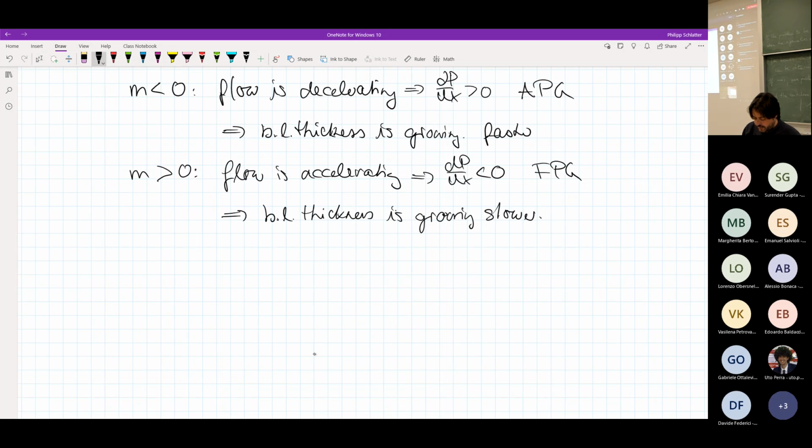So if I'm just making a few sketches with this, because I guess that's important to remember. If I have here in the middle the reference case where m is 0, then my velocity profile probably would look like this, which is the normal Blasius profile.